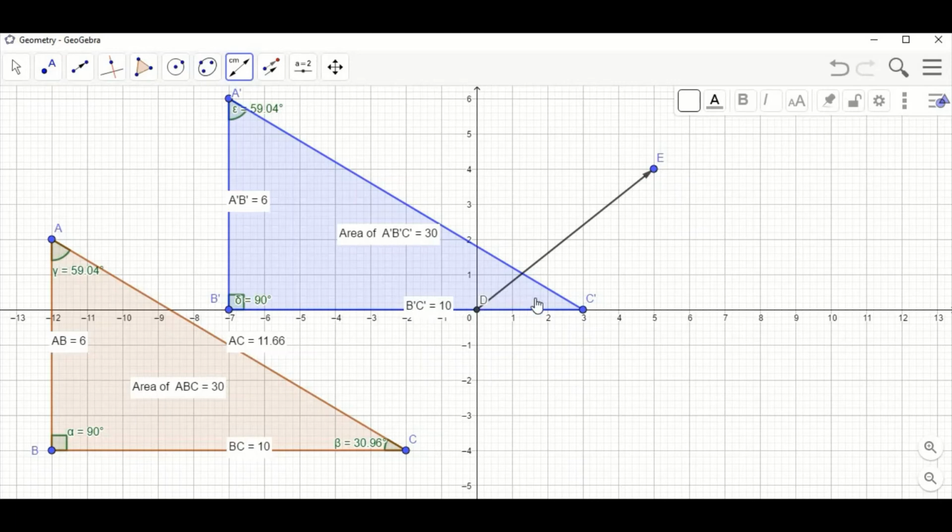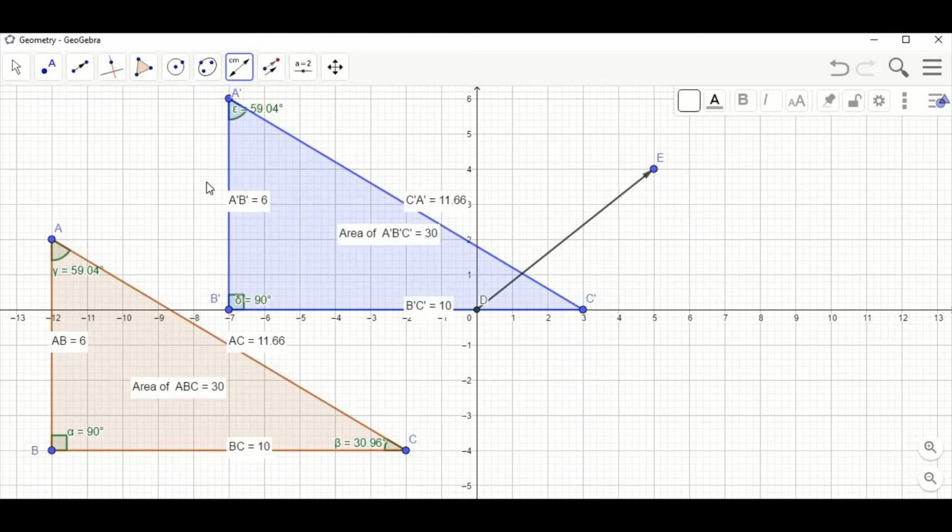And let's check the final one, which is C prime, A prime. C prime, A prime, that is 11.66 and AC is also 11.66, right? So, of course, the lengths also preserved.